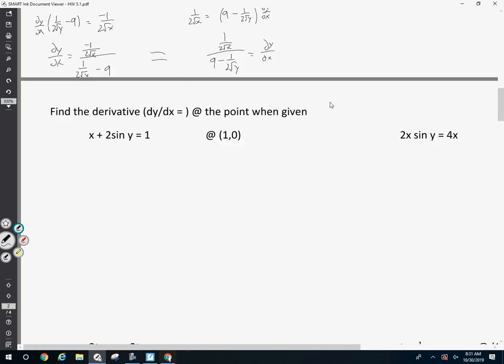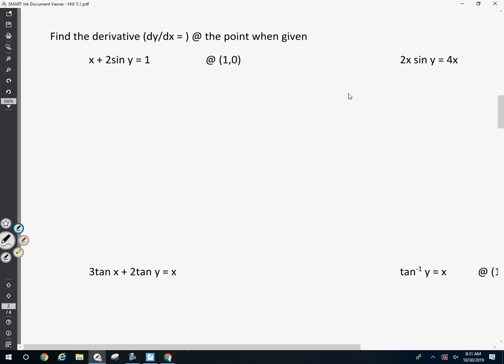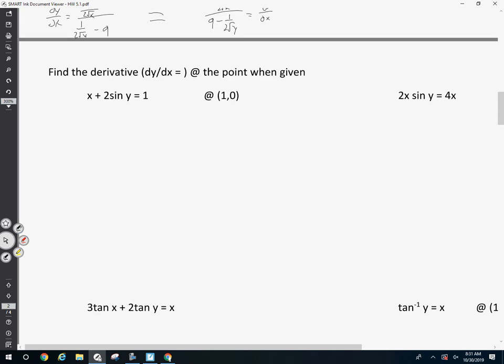Okay. Trig functions. Derivative of cos y or sine y would be negative sine y dy dx. So make sure we remember the dy dx afterwards. So if I take the derivative, here we go. I'd get 1 plus derivative of 2 sine would be 2 cos times dy dx equals 0.